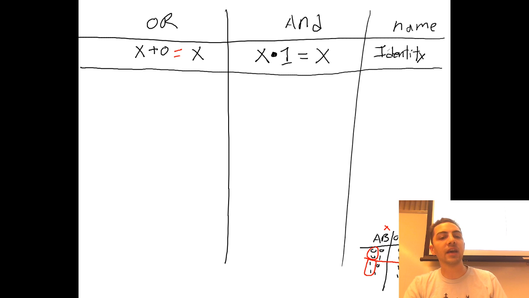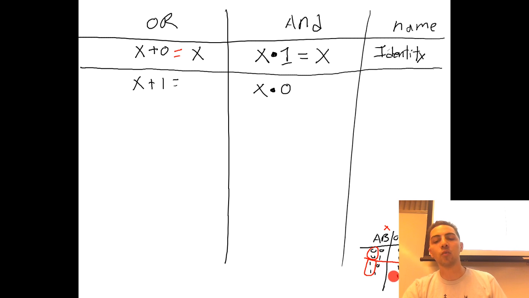If you have an operator, AND or OR, you might not need it at all if whatever's on the other side of this equates to 0 or 1, true or false. We can also switch that around: x ORed with 1 and x ANDed with 0. So let's again look at the truth table. When you OR something with a 1, if you put in a 0, you get out a 1.